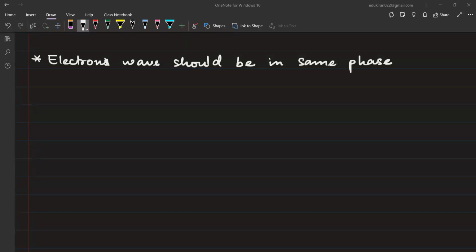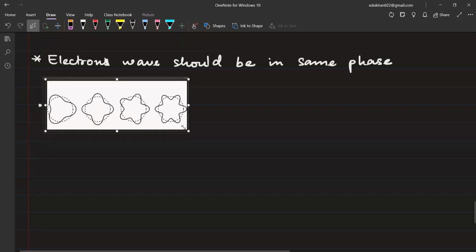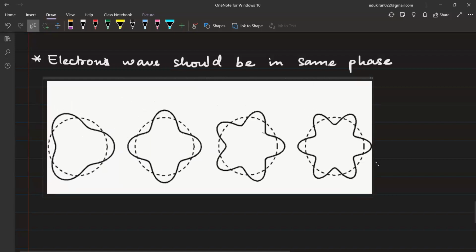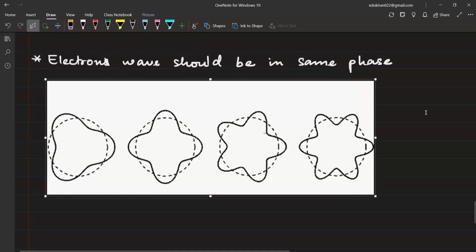Now, let us draw some waves of electron. If I draw some waves of electron, they will look something like this. Okay. Now, what do you guys think? If I increase the size of the orbit, the number of troughs and crests, the size of wave will also increase. Yes or no? Please tell me, guys.